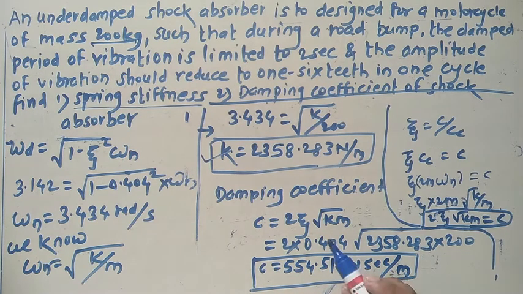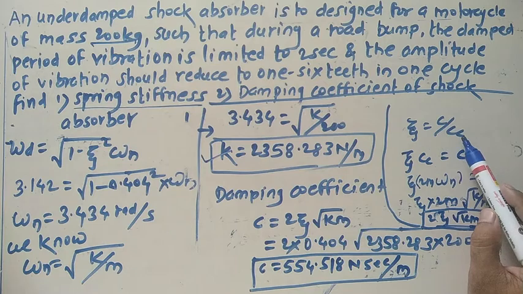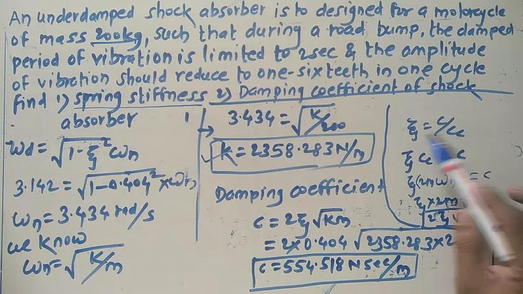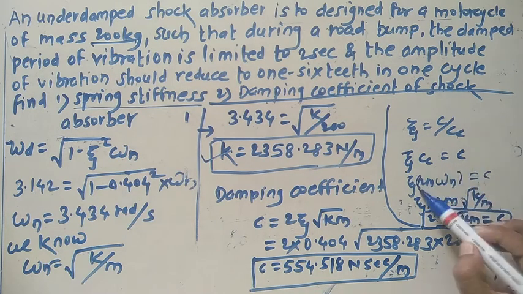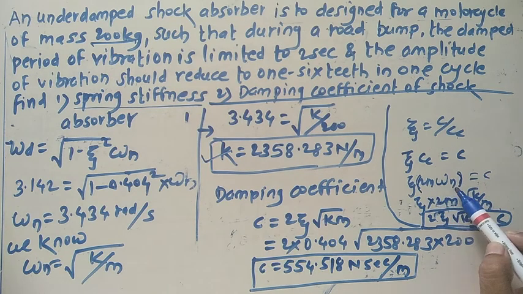Now see the extended discussion regarding this one. We are facing the problem of how this relation occurs. For that, we know zeta is the ratio of actual damping coefficient to the critical damping coefficient. For this Cc, the relation is 2 into m into omega n.